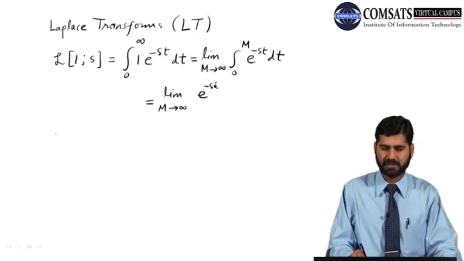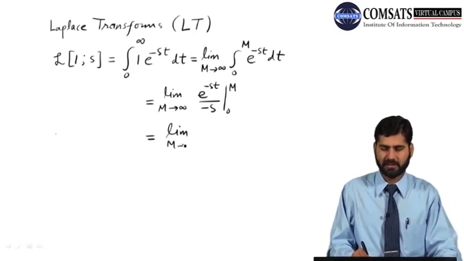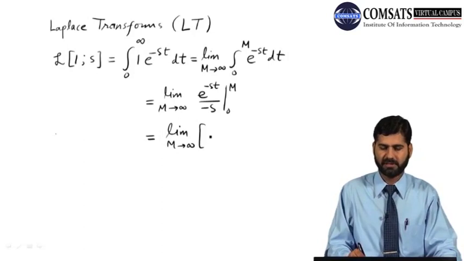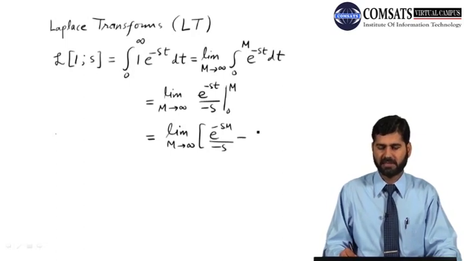E to the minus st divided by minus s, from 0 to m, that is limit m goes to infinity, e to the minus sm over minus s, and minus e to the 0 over minus s.